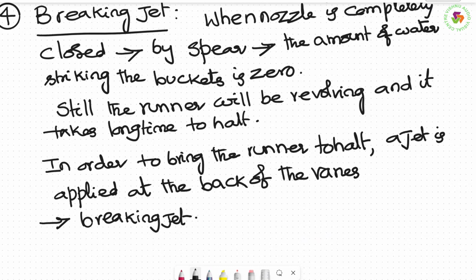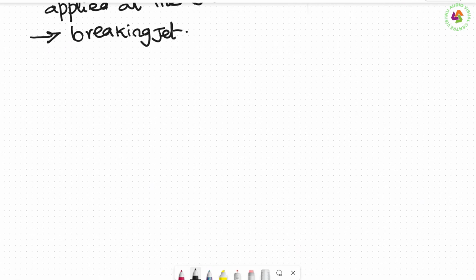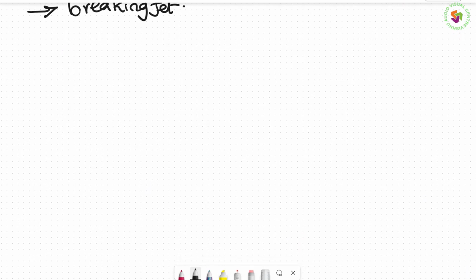So these are the four components. Before closing, I will show the general figure showing everything. Just closely monitor and you can also draw along with me. Suppose this is the center axis, which we call the shaft.